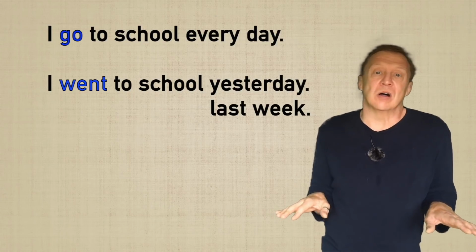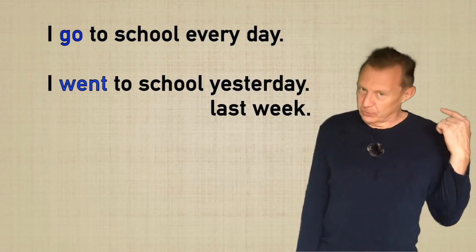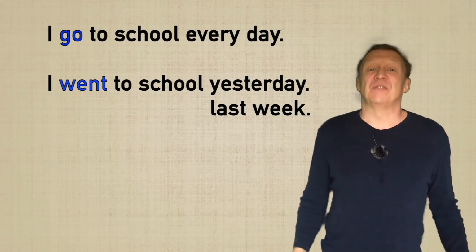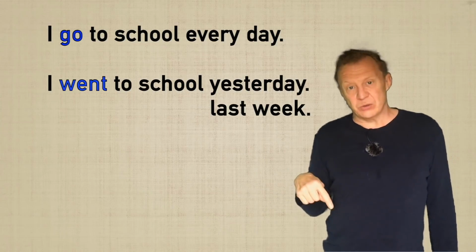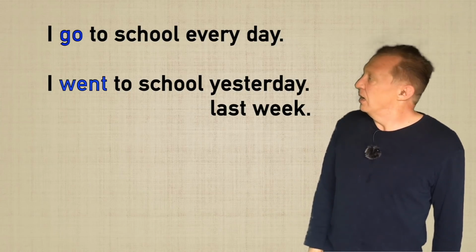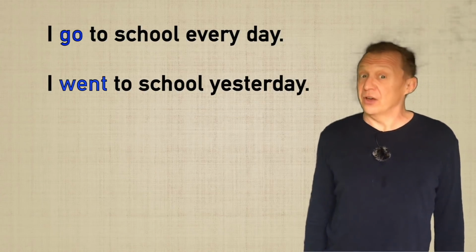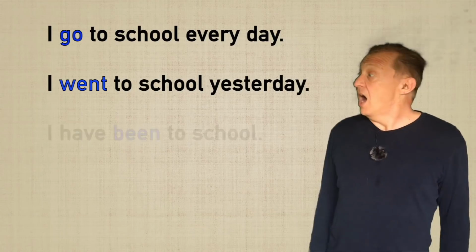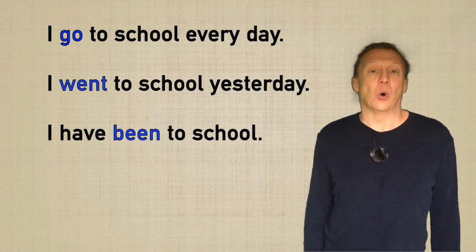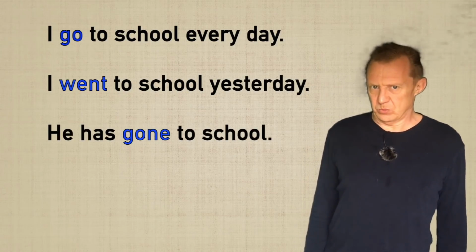It's over. Last week was last week. So last week is finished. So we use the past simple. I went to school last week. Now the third form is I have been to school, or he has gone to school.